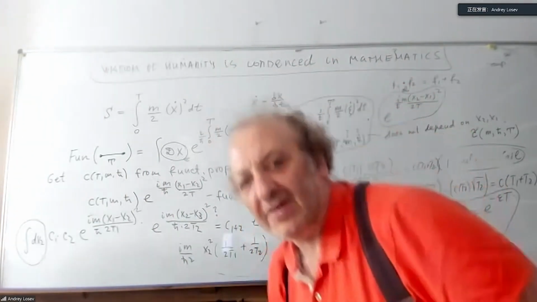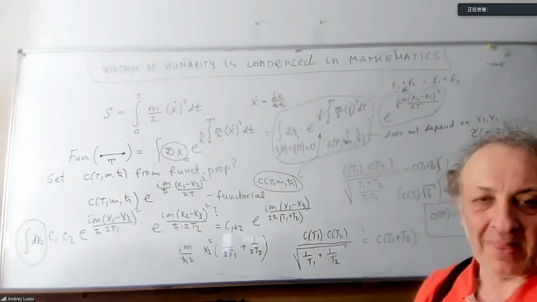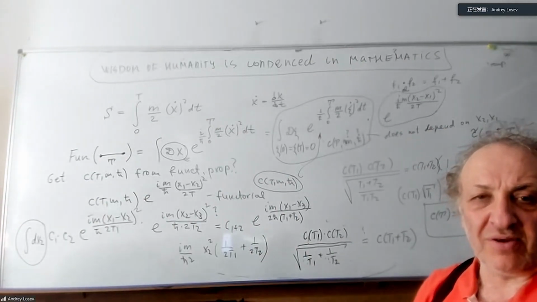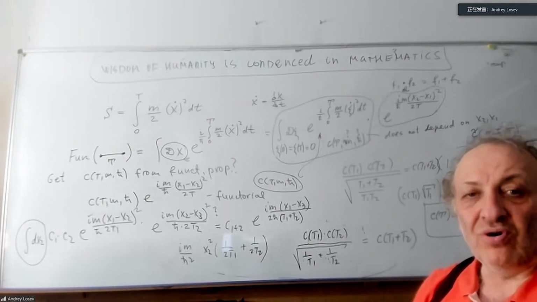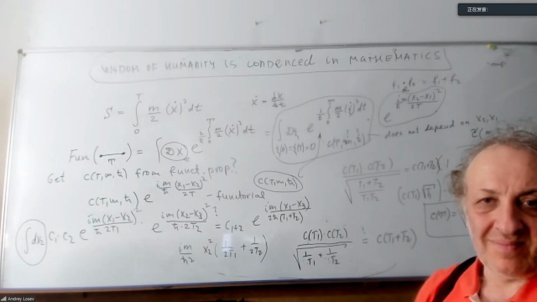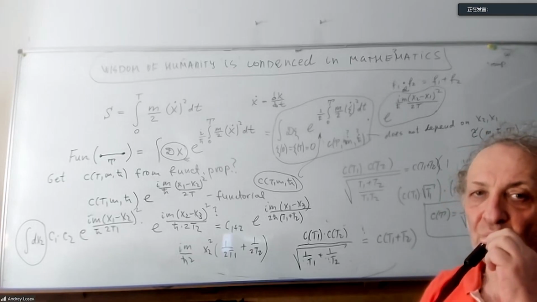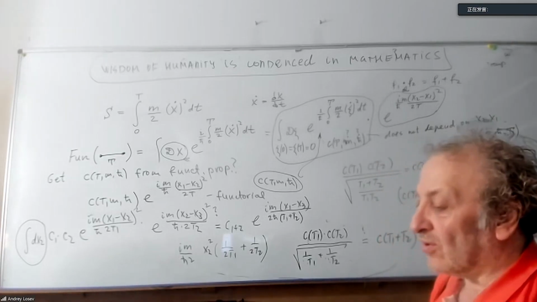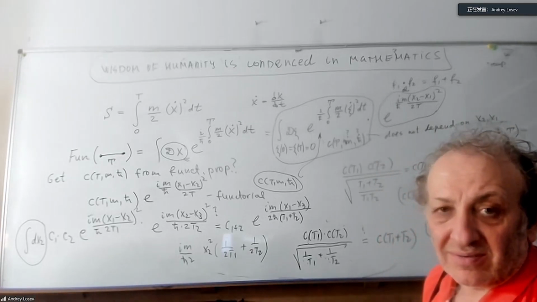And that's why physicists should know mathematics. Because it's impossible to invent everything by yourself. Most things were already invented. So let me tell you what the module is.